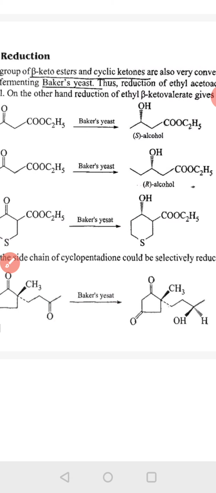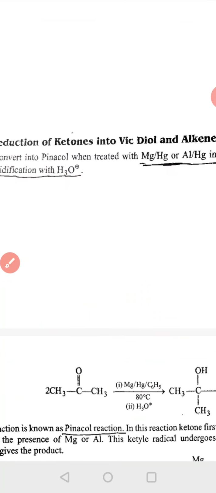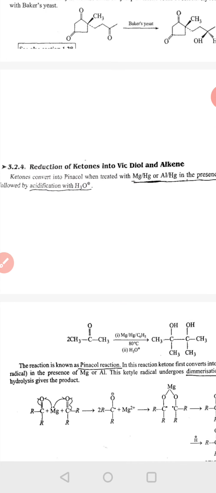Next is reduction of ketones into vicinal diols and alkene. Here we are talking about only reduction of ketonic groups, not the aldehydic groups. Ketones convert into pinacols when treated with magnesium mercury or aluminium mercury in presence of an aprotic solvent, followed by hydrolysis, acidic hydrolysis.